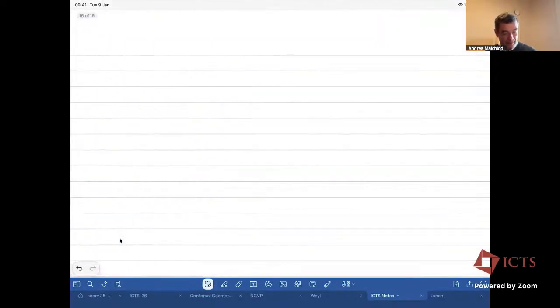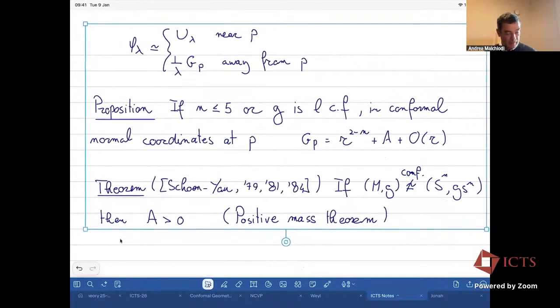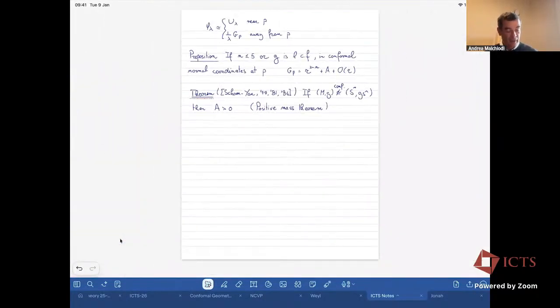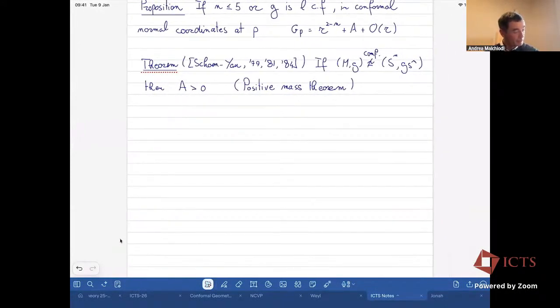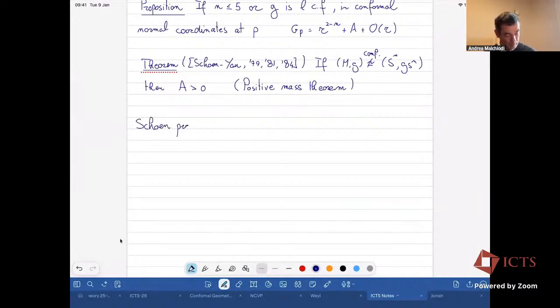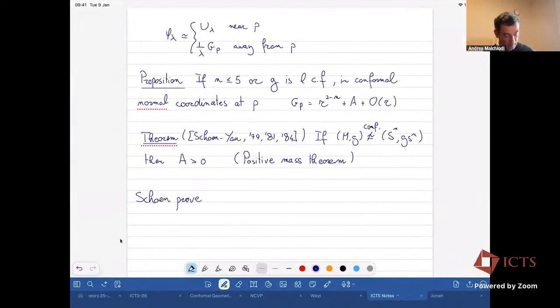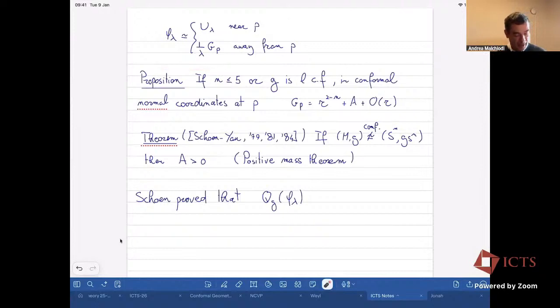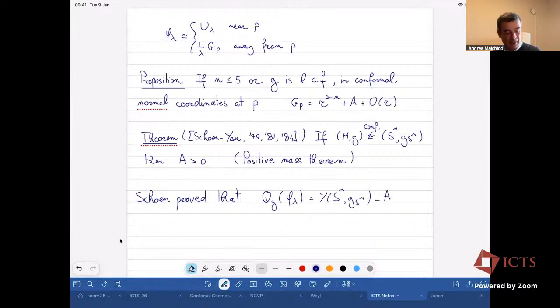Okay, so I just copy on the next slide. Then Schoen proved that when you evaluate the Yamabe quotient on the function phi lambda defined above, with this careful gluing, then this is equal to the Yamabe constant of Sn minus a divided by lambda to the n minus 2 plus lower order terms.